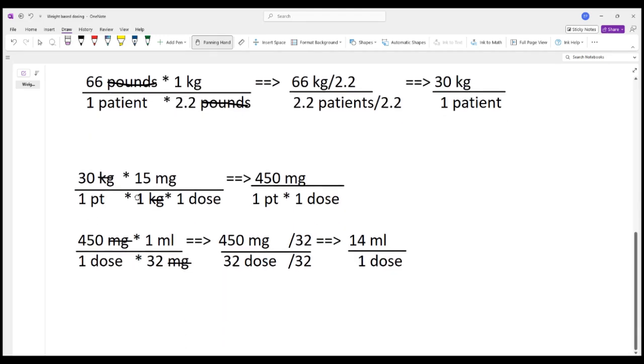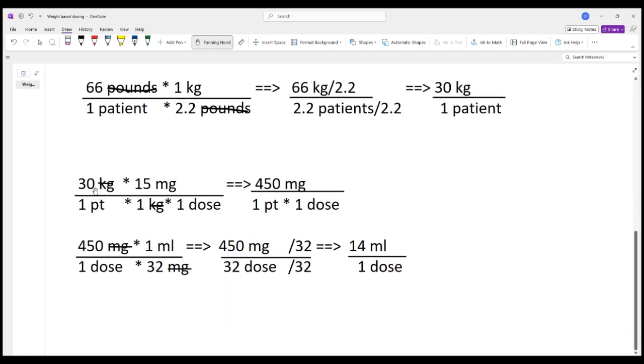All right, so now what I do is I take my 30 kilogram patient, and I know they're getting 15 milligrams of medicine for every 1 kilogram they weigh for every single dose that they're getting, right? Well, now what happens? I have kilograms above and below the fraction line, so it's going to cross out. All gone, right?